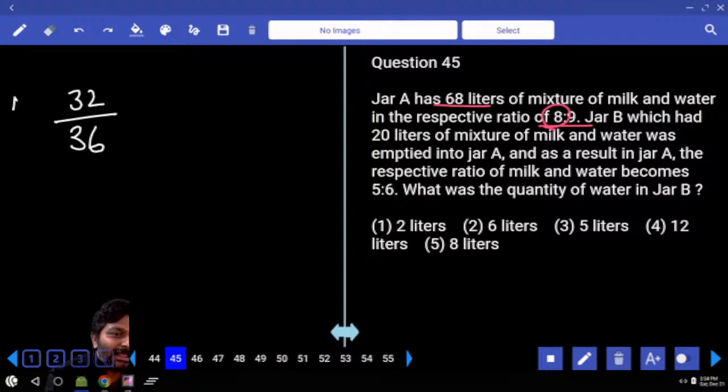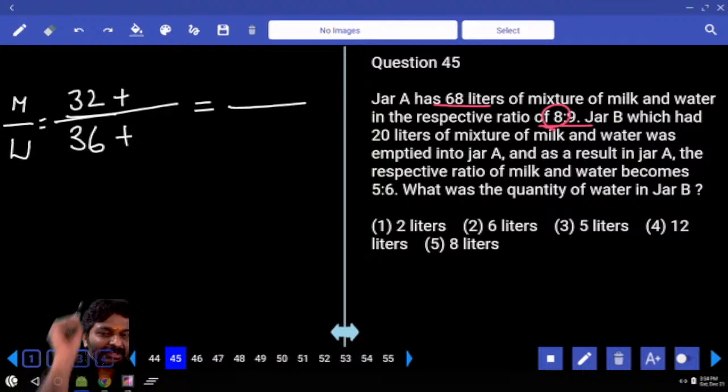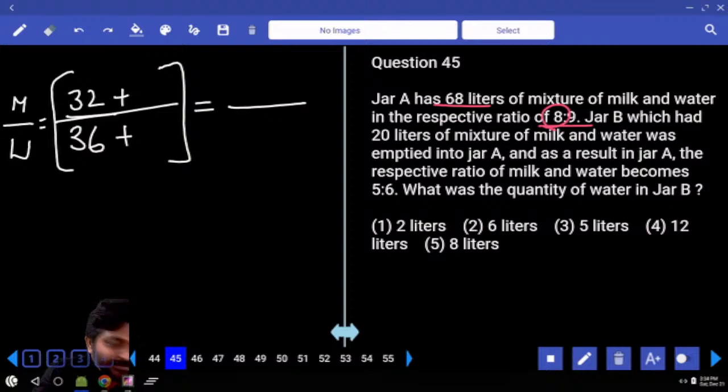This is milk and water, correct? To this we are adding some quantity of milk and water both together. Now this will be the final quantity of milk and water in final container. In final container, milk and water are in the ratio 5:6.